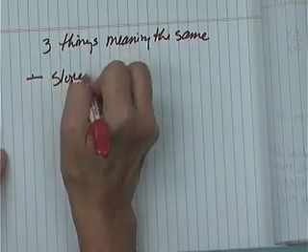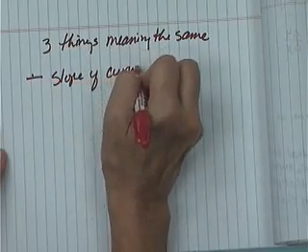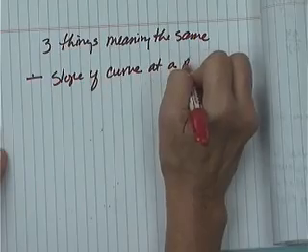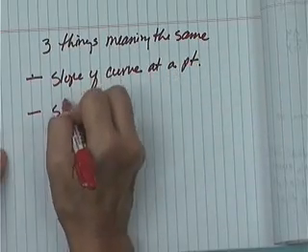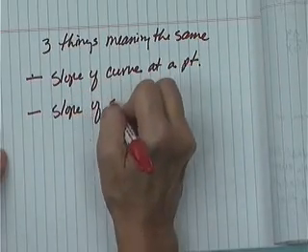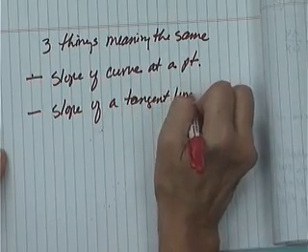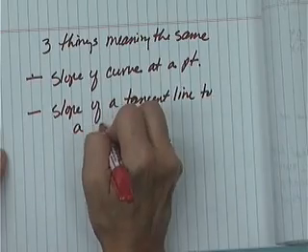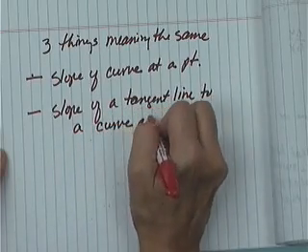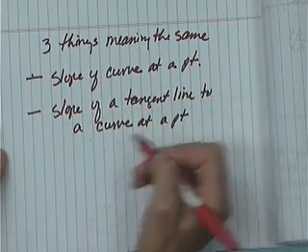Slope of the curve at a point, slope of a tangent line to a curve at a point.